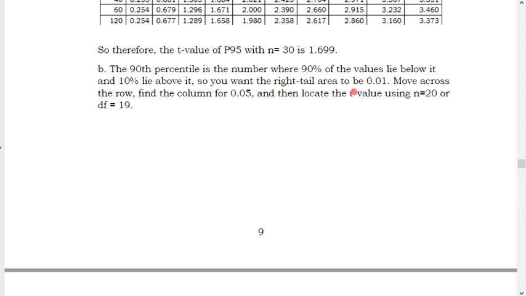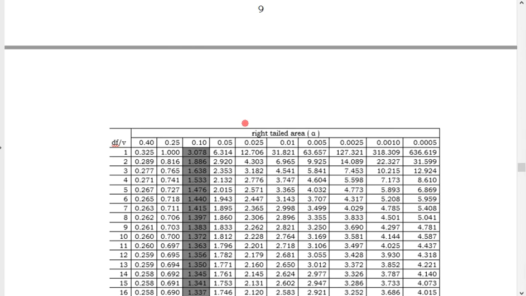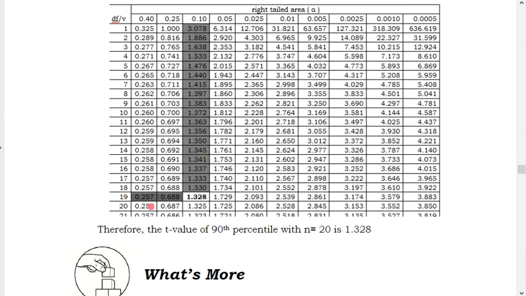So, you want the right tail area to be 0.1. Move across the row, find the column for 0.1, and then locate the t-value, n equals 20. It should be 0.1. And then we have 19 degrees of freedom. So, our t-value is 1.328. Okay. So, that's it for this module.